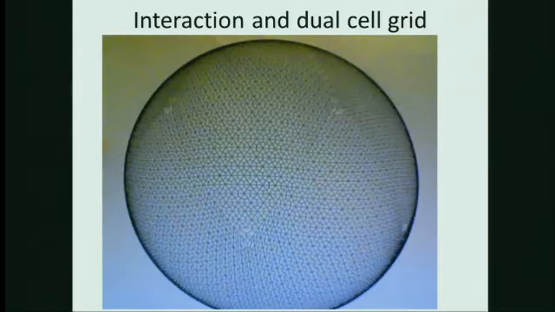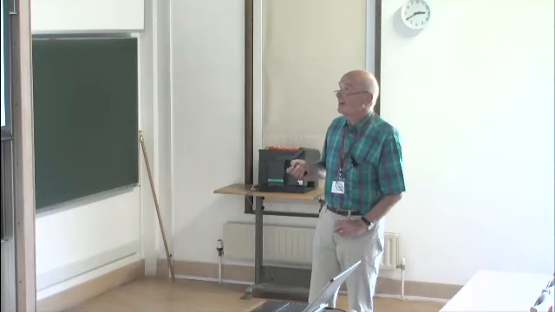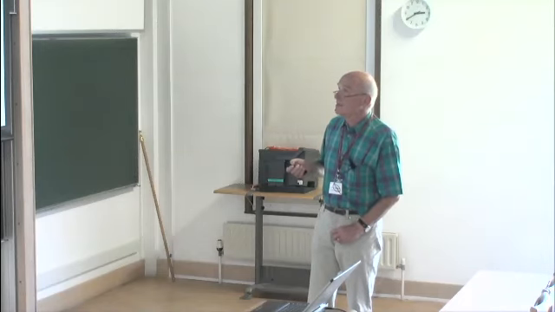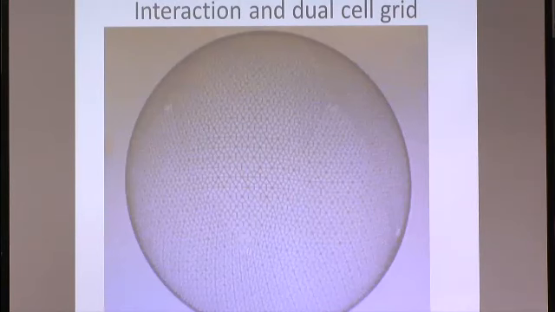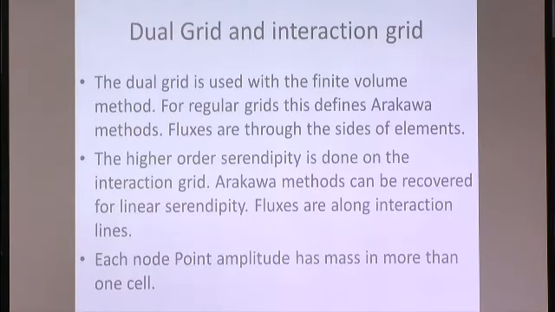So yes, the dual grids, this is for the hexagon. It looks nice, and I just want to say these triangles are the interaction grid. I don't have any use for the dual grids, these hexagons. If you are interested in a high approximation order uniformly, it's very hard to achieve with the dual grid. So I just forget it.